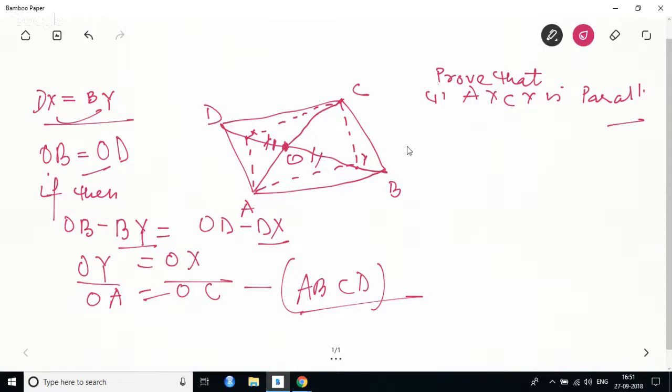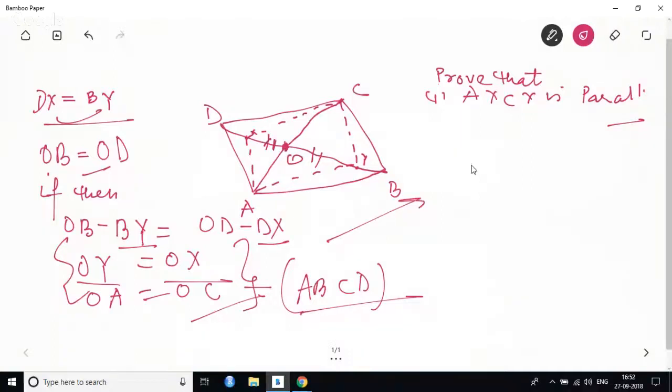So the converse theorem is that if the diagonals of any particular quadrilateral bisect each other, what will happen? That particular quadrilateral would be a parallelogram. So I have shown here that the diagonals of AXCY are bisecting each other.